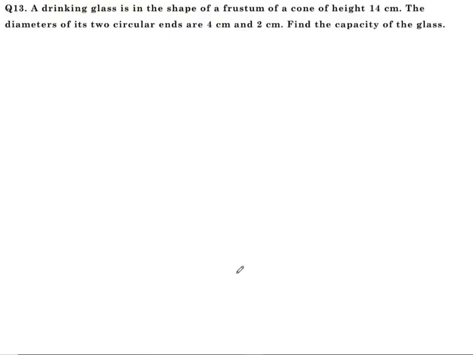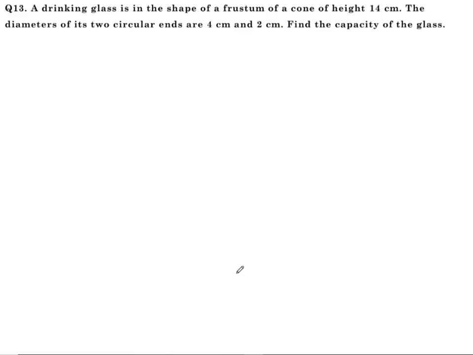Understand what CSA is, what TSA is, and what volume means. After understanding all these three, very important, learn all the formulas. After learning all the formulas, try to solve the problems. Without knowing the formulas, you cannot solve a problem.